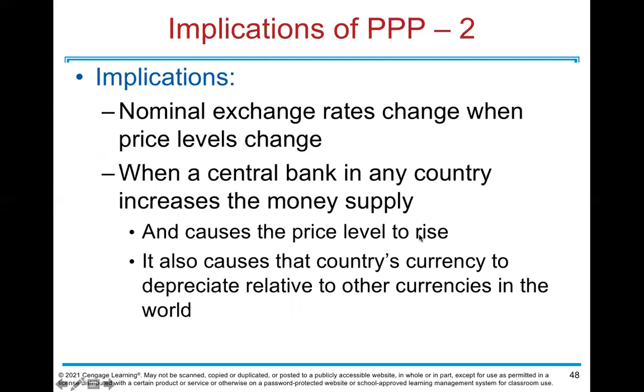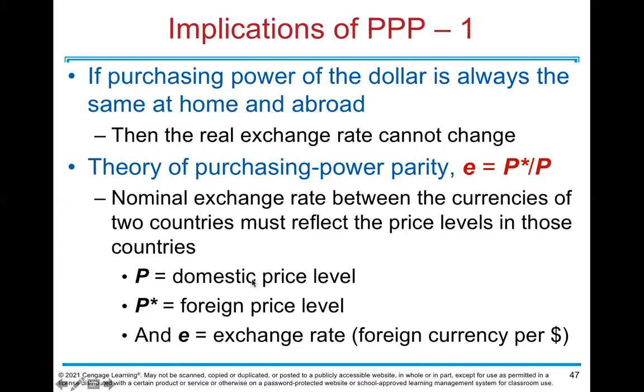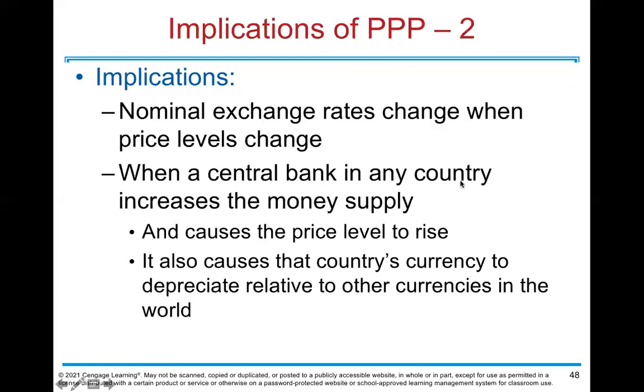And if the price level is rising, it also causes that country's currency to depreciate relative to other countries in the world. Let's think about that for a second. When we increase the money supply, price levels rise, and if price levels rise, the exchange rate depreciates. That comes from over here: if this P increases, the exchange rate decreases.